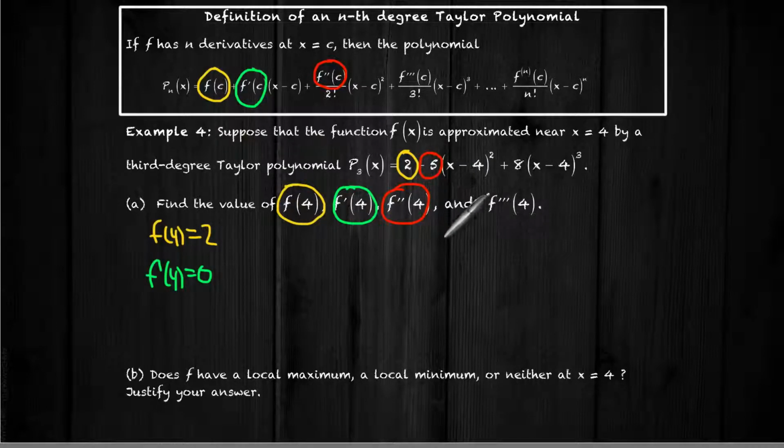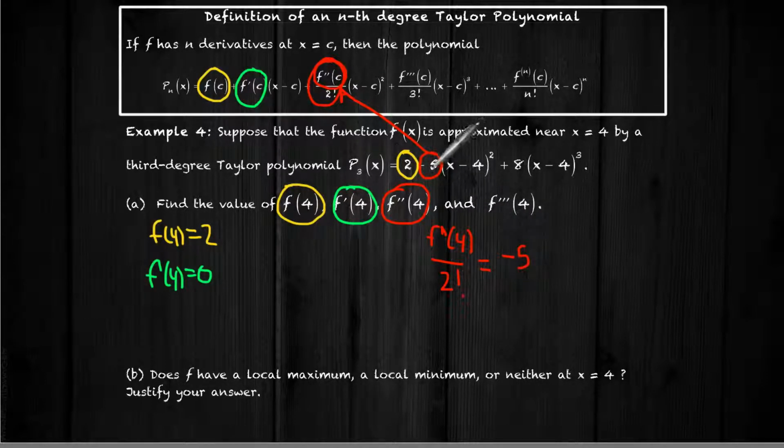So this is where it gets a little bit confusing. Negative 5 is actually equal to this entire term, but they're only asking you for f double prime of 4. So what you need to do is take f double prime of 4 divided by 2 factorial, and that is what is equal to negative 5.